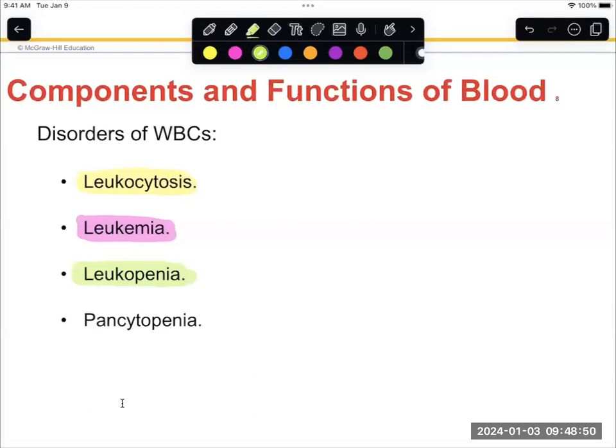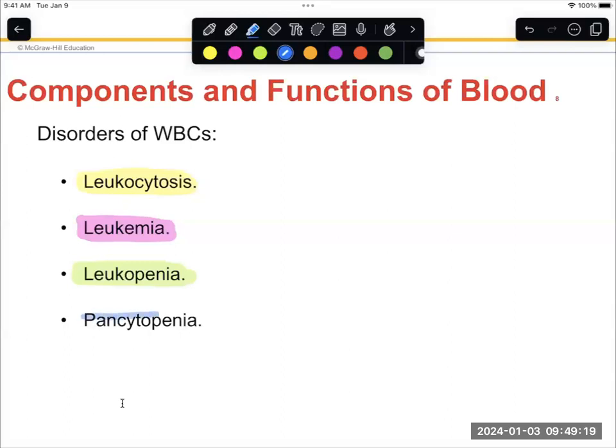That AIDS virus specifically affects B cells, so lymphocytes, so it's causing a decrease in those white blood cells, which allows different viruses and bacteria to grow very well in your system.